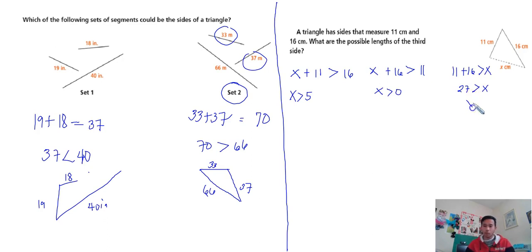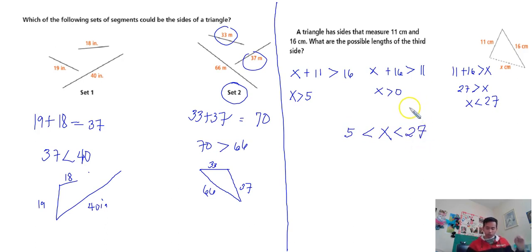So x must be less than 27. Therefore, we have x is greater than 5, x is greater than 0, and x is less than 27. So x must be greater than 5, but less than 27.